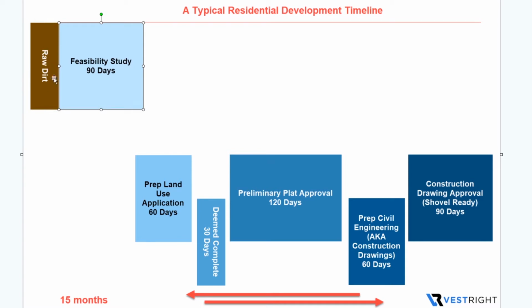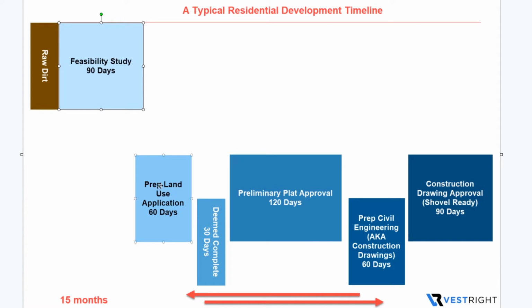The developer will have an idea of what he or she can do with this raw dirt, and the feasibility study is a crucial time for that developer to prove to himself that, yep, what I wanted to do with it from the beginning is something I'm going to be able to actually do. So in that feasibility study, the developer will go through a checklist of items and knock each of those items off to get a certain level of comfort that yes, his original plan of what he can do with the raw dirt is feasible. And again, that takes about 90 days. All right, on to the next step.